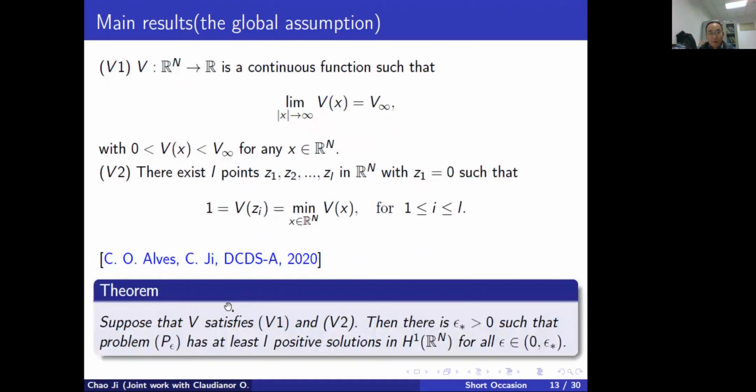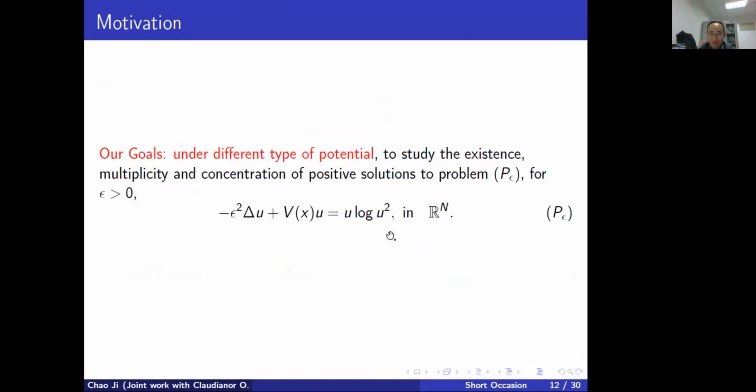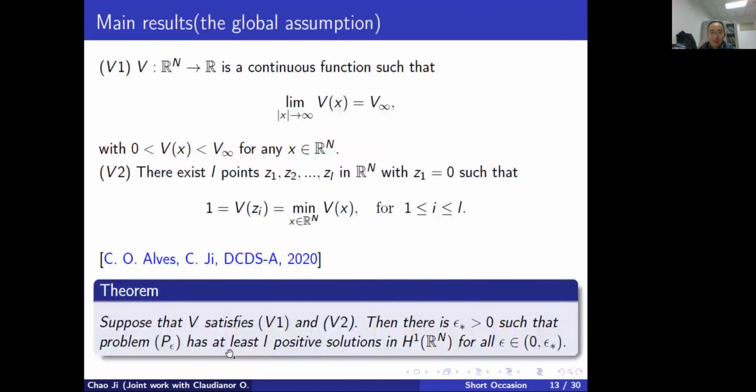The first result is: suppose that V satisfies V1 and V2, then there is epsilon star bigger than 0 such that this problem has at least L positive solutions in H1 of Rn for all epsilon between 0 and epsilon star.